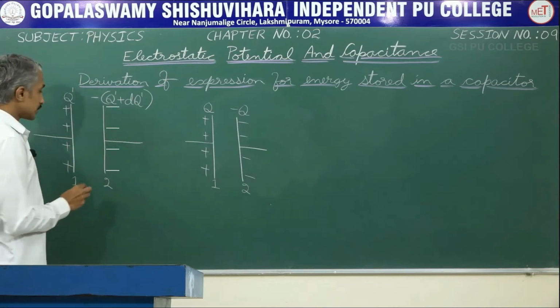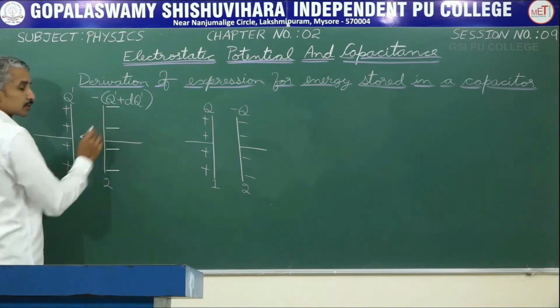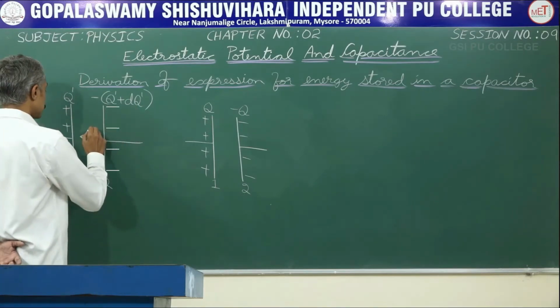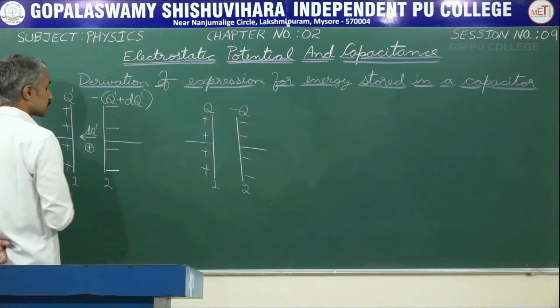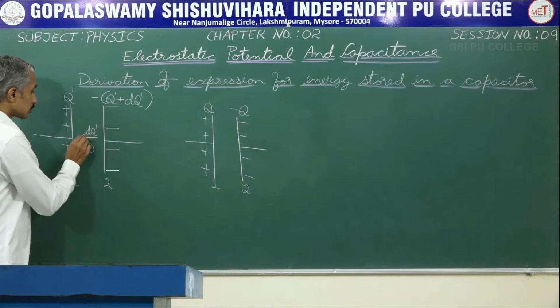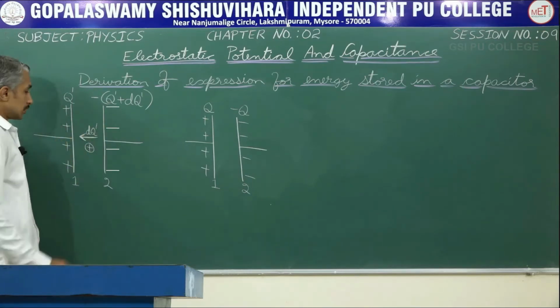So what is happening here is, in the process of charging, a small charge dQ, and it's a positive charge, is being taken from plate 2 to plate 1. This is how charging is happening. That is what we consider.